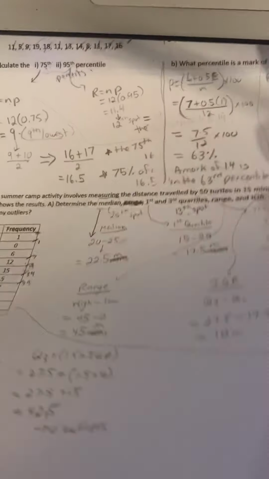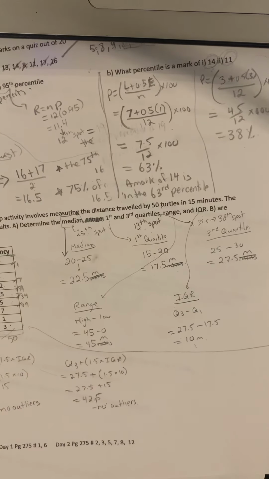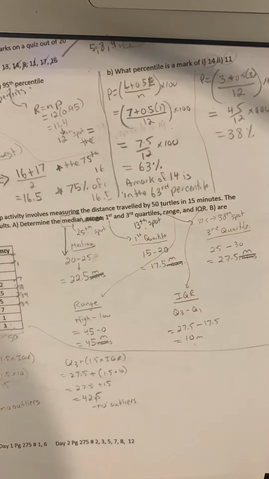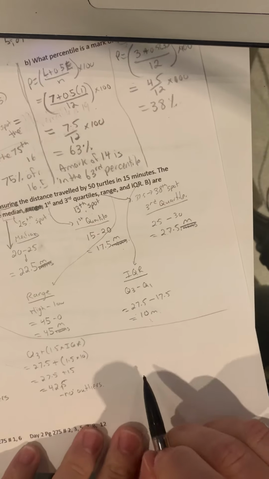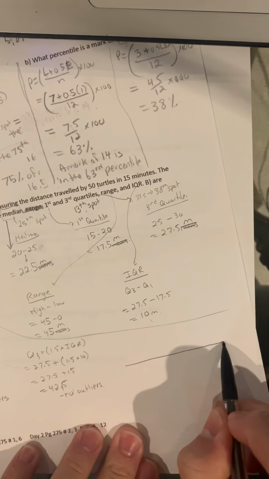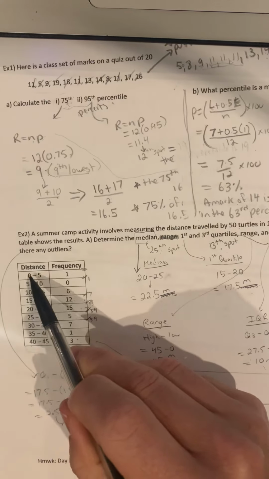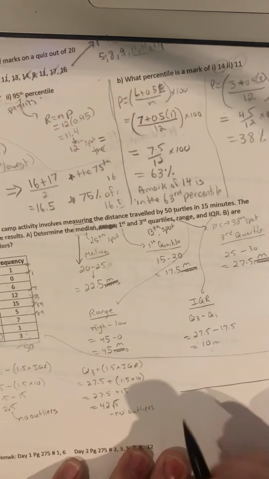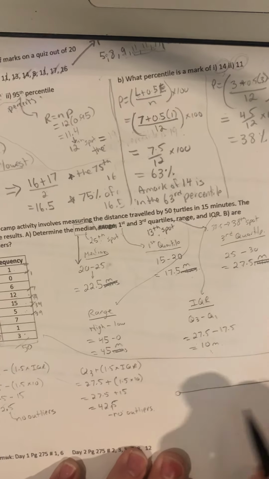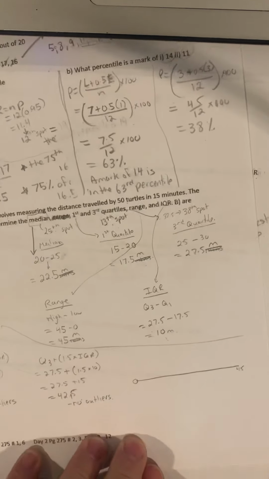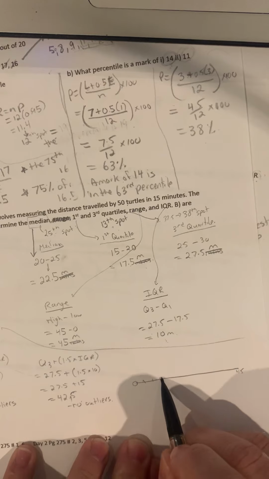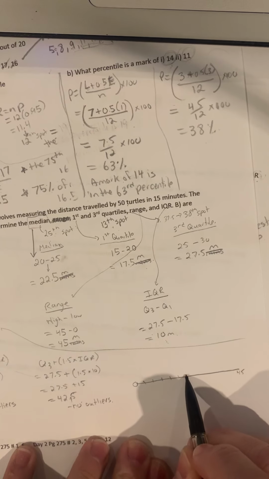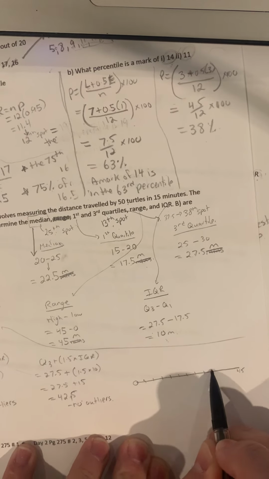Okay, and lastly, I'm just going to show you quickly two things. One is how to draw the box whisker plot. Okay, so since our values are from 0 to 45, I would have from 0 to 45, okay, probably go up by 5, 10, 15, 20, 25, 30, 35, 40, 45.